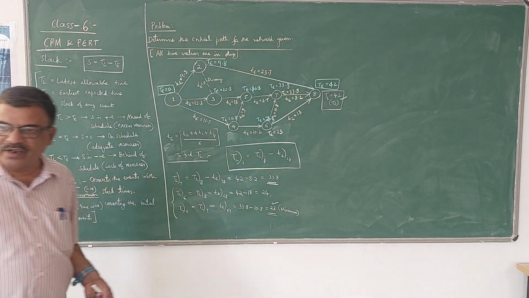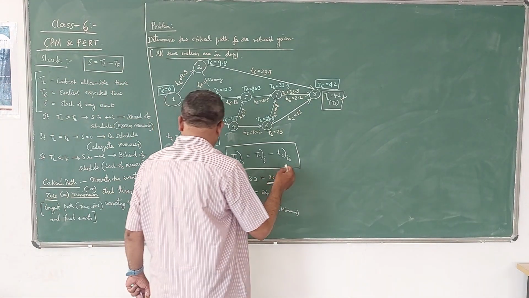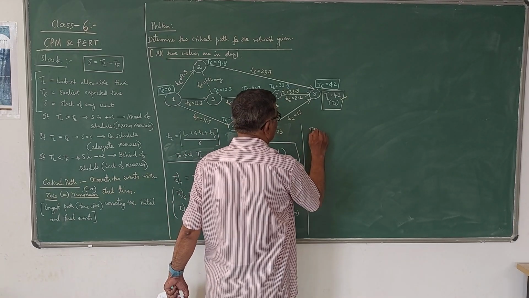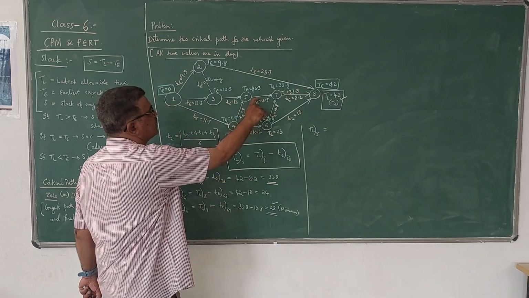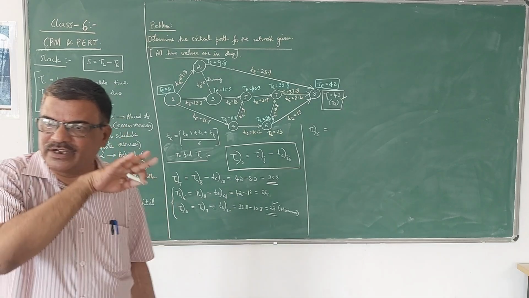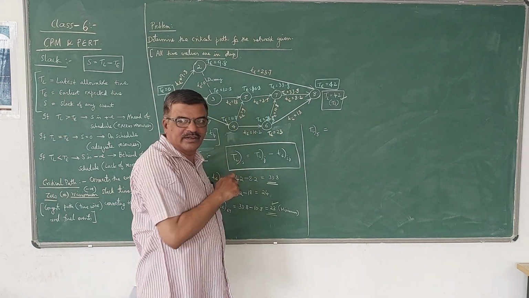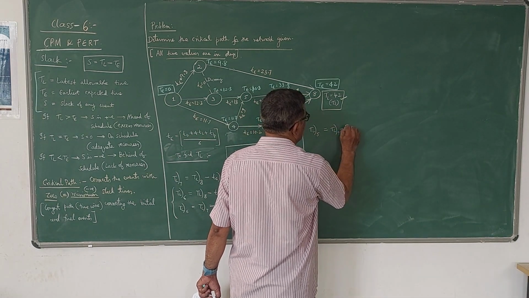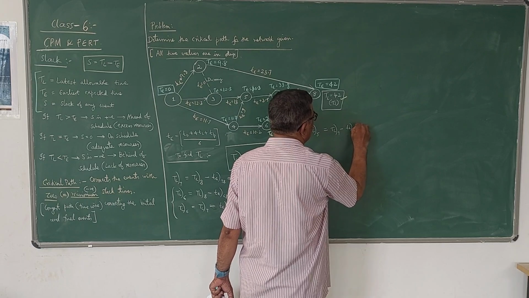Okay. Now next we have to go to 5. 8 is over, 7 is over, 6 is over. Then TL5. How many are there? Only one arrow is going from 5, not leading to 5. So 5 is a predecessor event for 7. So TL5 is equal to TL7 minus small t of 5, 7.